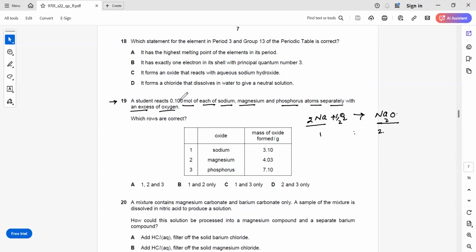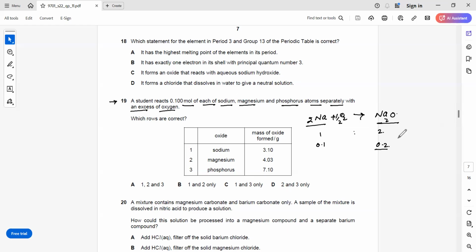And they are saying 0.1 mole of each. So if we have 0.1 mole of sodium, how many moles of its oxide will be produced? 0.2.